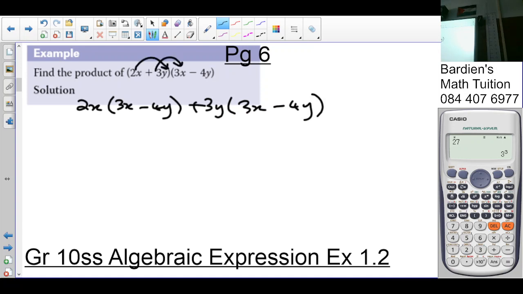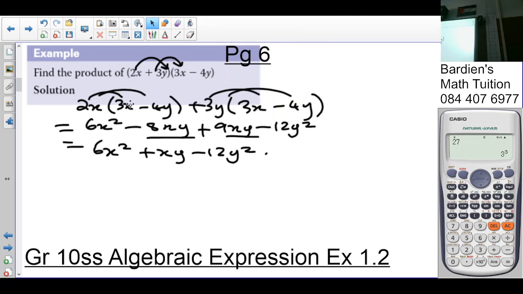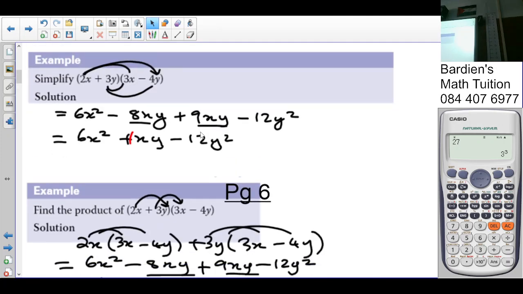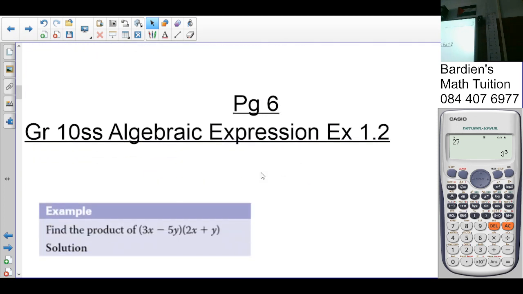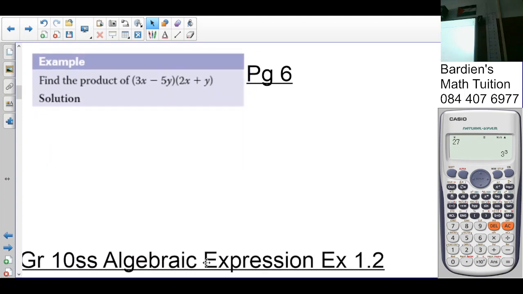Then we multiply this out, which gives us 6x squared minus 8xy plus 9xy minus 12y squared. So again we get like terms: 6x squared plus xy minus 12y squared. Whichever method you want to apply will be acceptable, but normally we just stick to the first method. But as you know, in mathematics there are many ways of doing it. I'm not going to do all the ways.